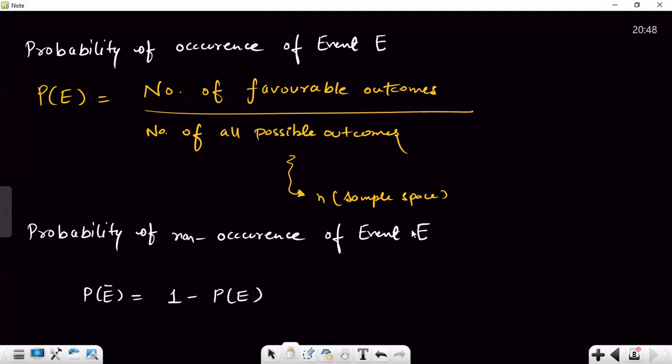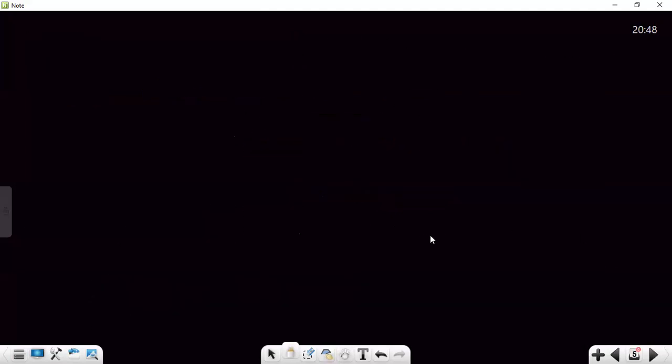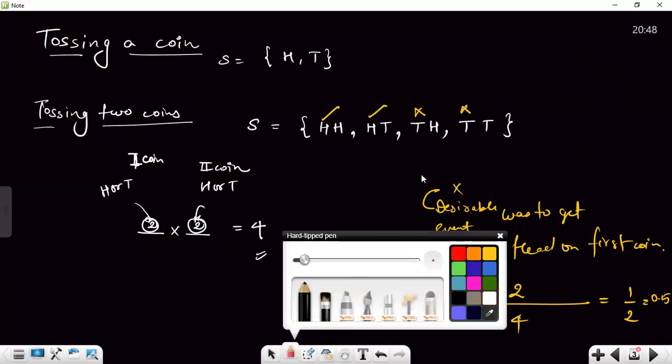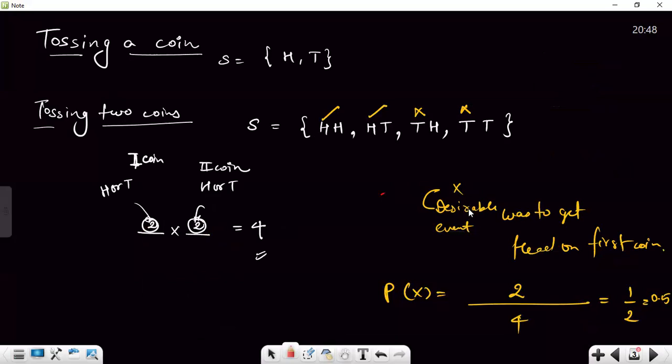Okay, so let's apply it to understand it. Going back to the case of tossing two coins, this time for the X event, we want to find the probability of not X, like the X event not happening, when there should not be a head on the first coin. So we simply take one and subtract the probability of it happening. 1 minus half is half itself, 0.5.